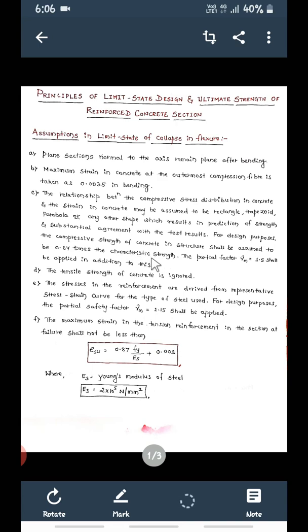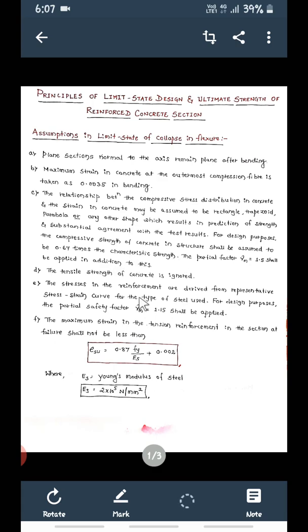What is this characteristic strength? fck. In the previous article we have seen the characteristic strength of concrete is denoted as fck. For design purpose, we are going to multiply fck by 0.67. The partial safety factor gamma m equal to 1.5 shall be applied in addition to this.